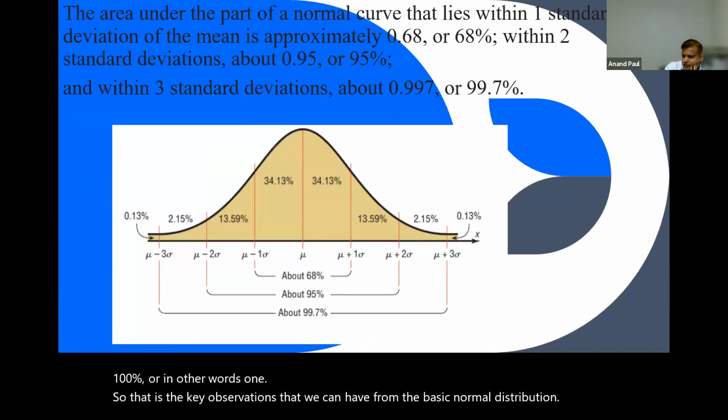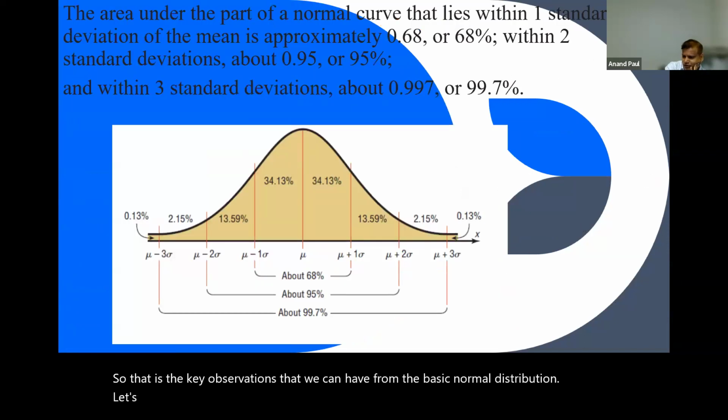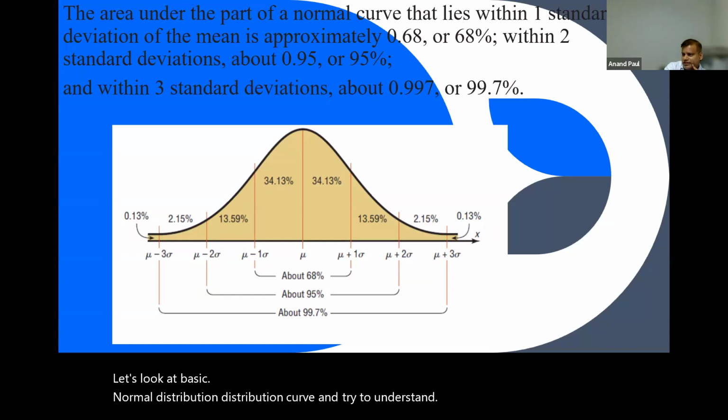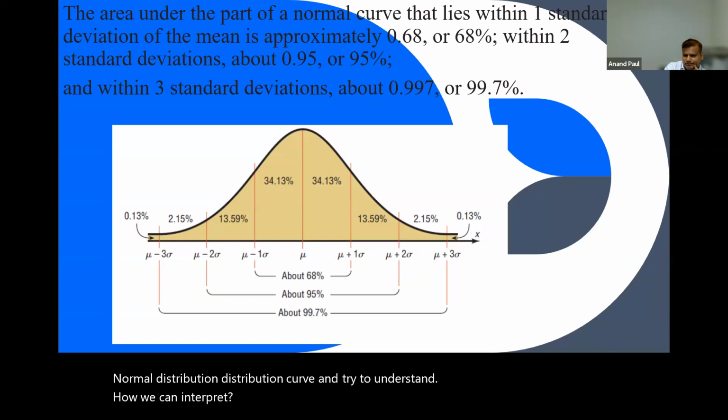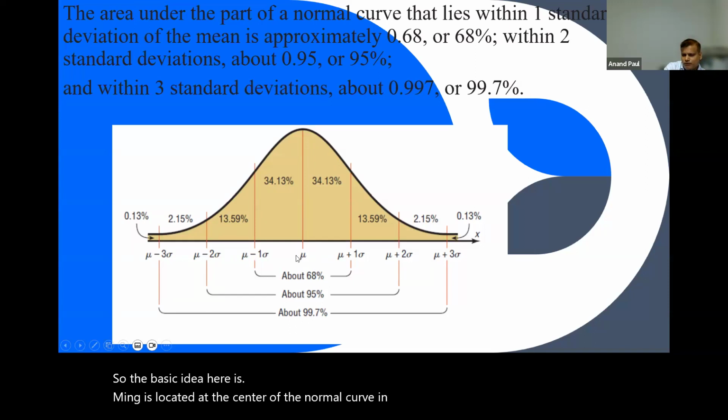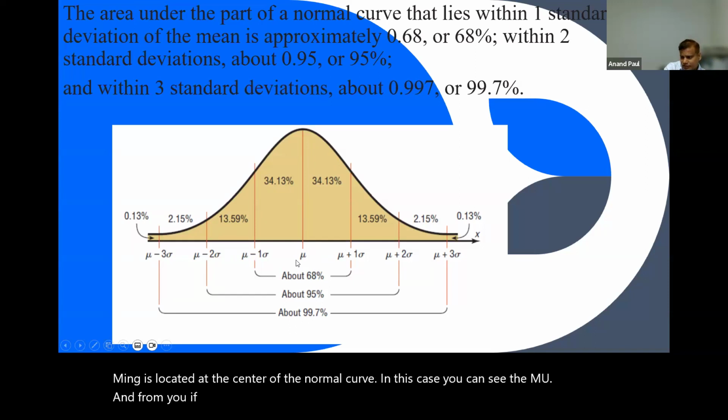Let's look at a basic normal distribution curve and try to understand how we can interpret its meaning. The basic idea here is the mean is located at the center of the normal curve. In this case, you can see the mu. From mu, you add one standard deviation or subtract one standard deviation.